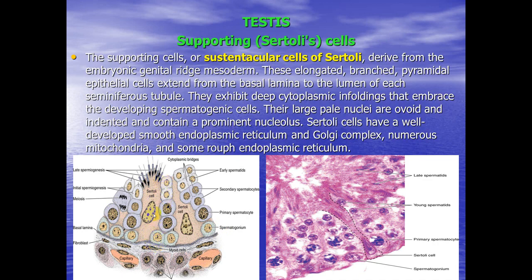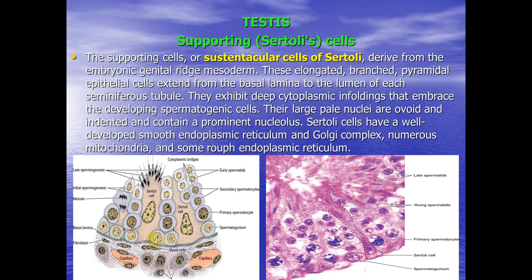So now you can see in detail on this scheme the wall of the seminiferous tubules. You see the striated, thick seminiferous epithelium, basal lamina, then peritubular connective tissue with the capillaries, with many interstitial cells, and layers of myoid cells. Now you see one layer of the myoid cells.